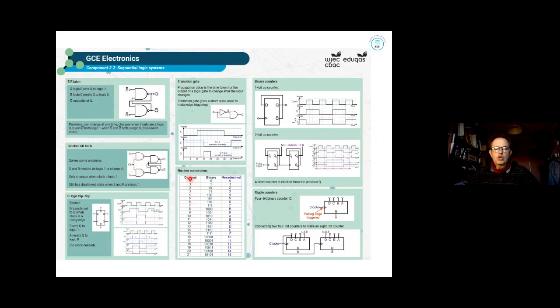Okay, know how to turn a decimal number into a binary number. Okay, and a binary number back into a decimal number. Didn't look at hexadecimal tonight. Okay, ripple counters. So with a ripple counter, you can put a ripple counter into a decoder. A decoder then goes to a 7-segment display.